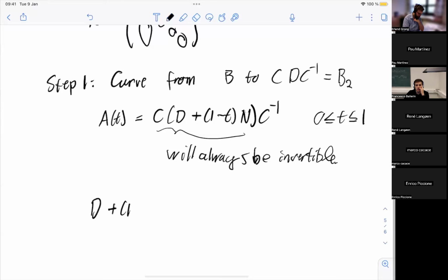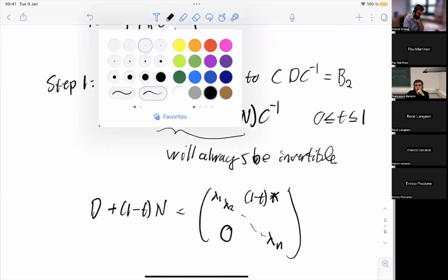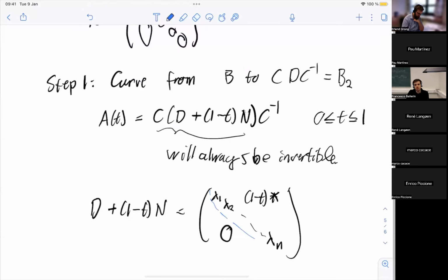So if I write this as 1 D minus tN, so that's really the only thing you need to worry about, is this becoming non-invertible. So that's a matrix like this with 0 here, and here you have 1 minus t times whatever you had on top. And then you have that the eigenvalues are here.